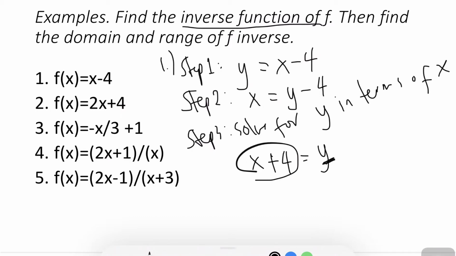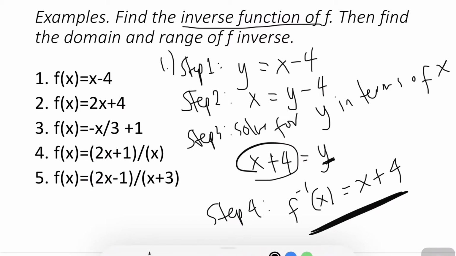Okay. So last, step 4, we will replace y with f inverse. So we can write it this way: f inverse of x is equal to x plus 4. So this is now the inverse of x minus 4.